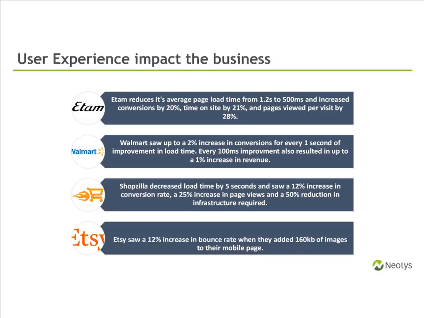The study they did at that time proved that every time they increased their response time by 100 milliseconds, they were directly losing 1% of revenue. So that was huge for a company like Amazon. And you can see similar numbers here in the slides. If you look at Walmart, for example, they increased the conversion rate by 2% for every 1 second of improvement.